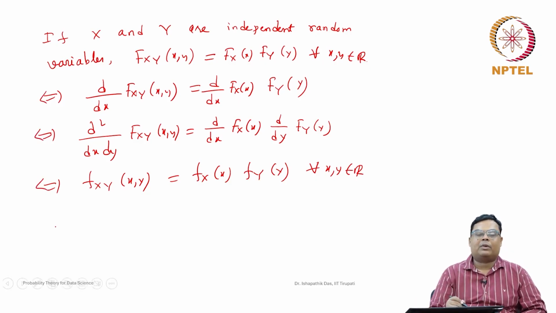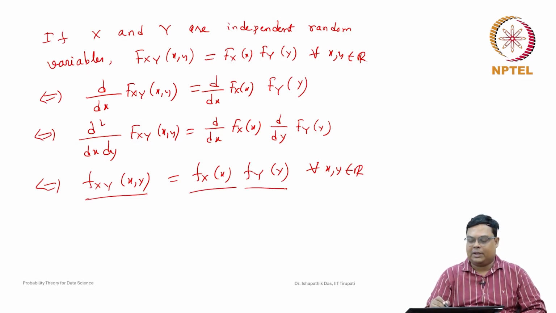So, for checking whether two random variables are independent or not, there are many approaches. One is that we can find their joint cumulative distribution function and see whether it can be written as a product of their marginal cumulative distribution functions. In the case of continuous variables, we can also check whether their joint probability density function can be represented as the product of their marginal probability density functions.